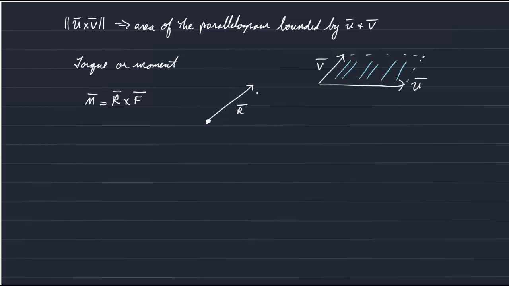We have the moment arm r, and if there's a force applied, the moment gives the component of that force perpendicular to r, and that perpendicular directed force is what would tend to rotate r, and the torque would be a vector pointing out of the page or the computer screen.